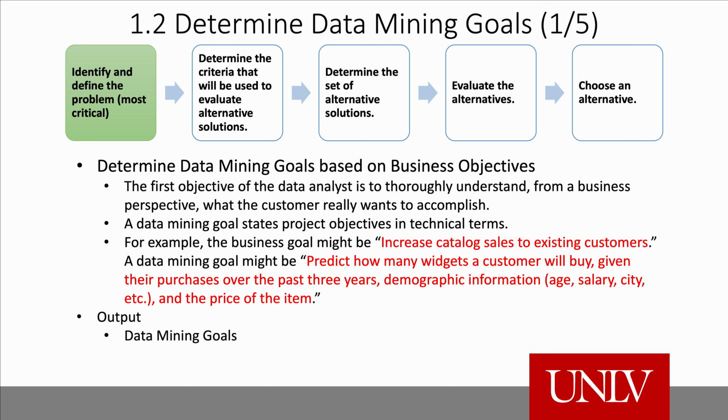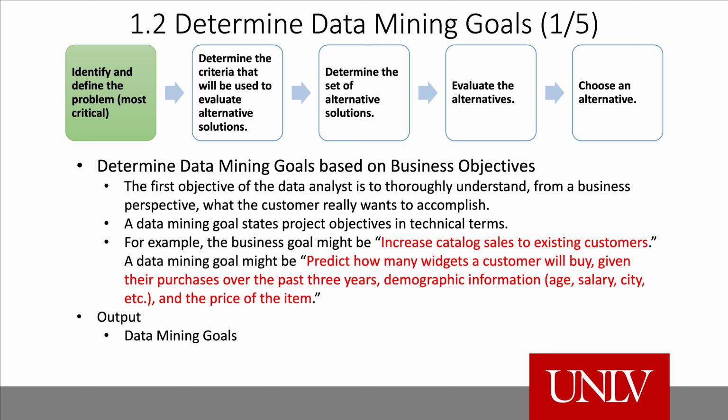So let's look at an example. The business objective might be to increase catalog sales to existing customers, right? So this is a high-level goal, focusing on improving revenue by encouraging repeat purchases.